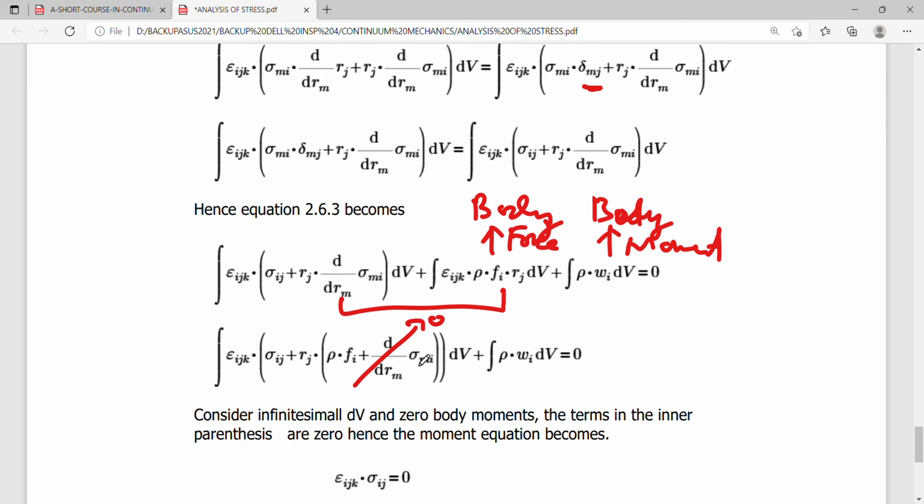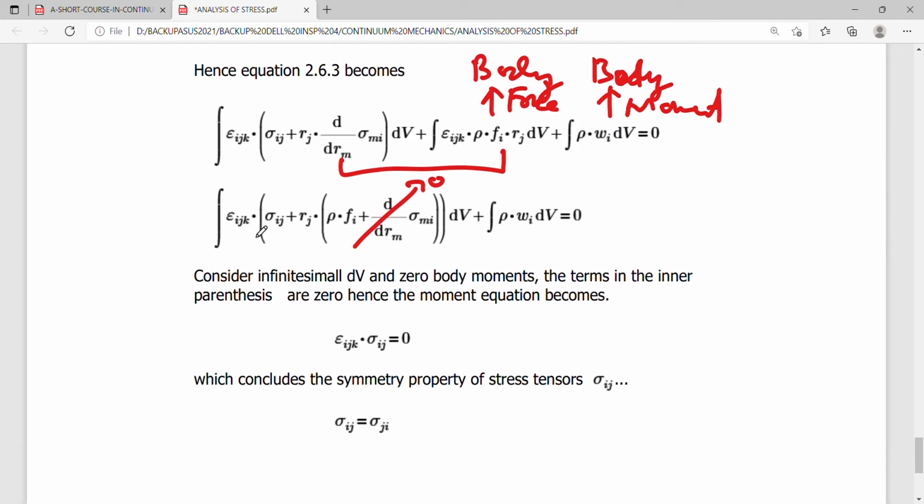At the same time, the derivative of the stresses that will be involved in a very small volume will also be very small, such that these two here cancel each other, making the equation simply a function of this epsilon i j k sigma i j, also considering your body moments to be zero because of the infinitesimal value of your volume, differential volume dv.